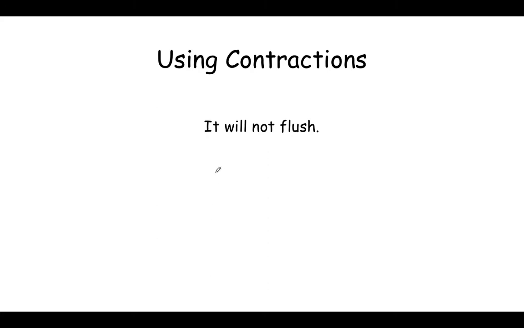So here's some more contraction practice. It will not flush. Remember, you can put it and will together or will and not. It won't flush is will and not together. It'll not flush. Not a lot of people will say this kind of sentence in English.